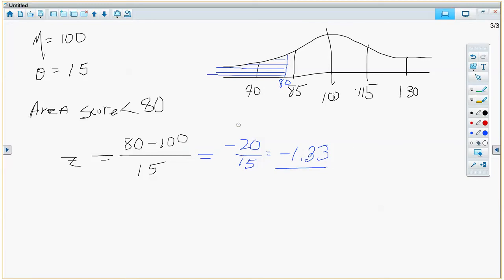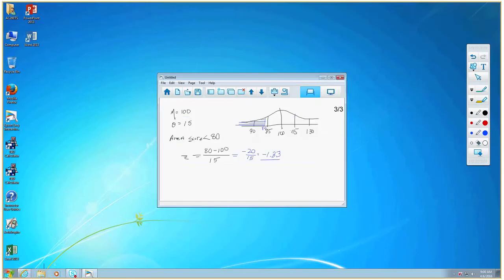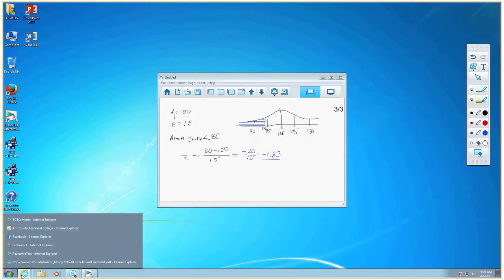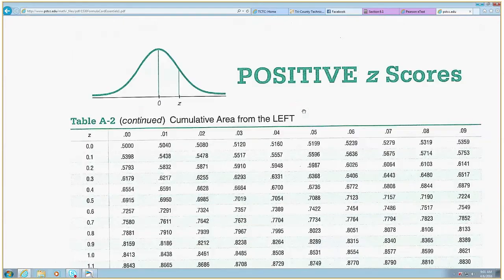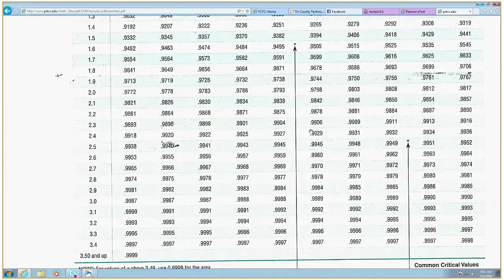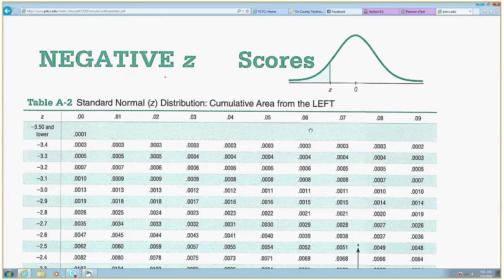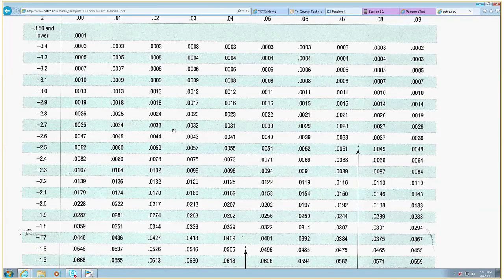Go over to your handy-dandy z-score table, which I pulled up from Triola because I tried to pull up the other one and it gave me the runaround, so I said to heck with it. Triola is the book we used last semester. That's the positive z-score table, so you go over to the negative z-score table, which is the next page, and you look up negative 1.33.